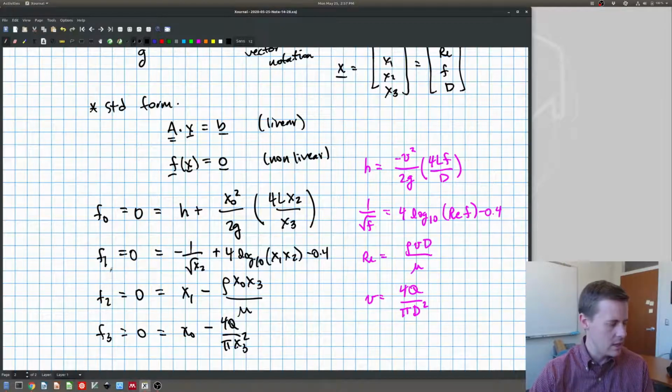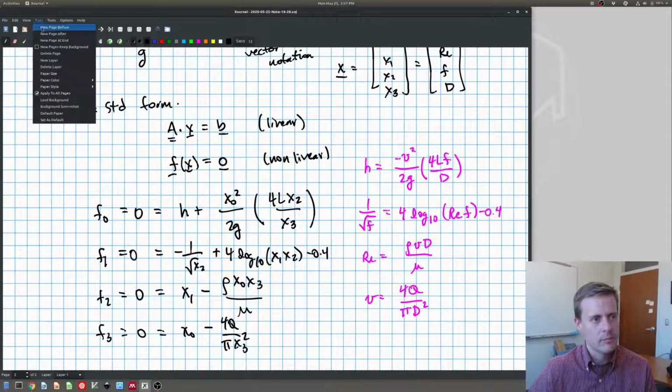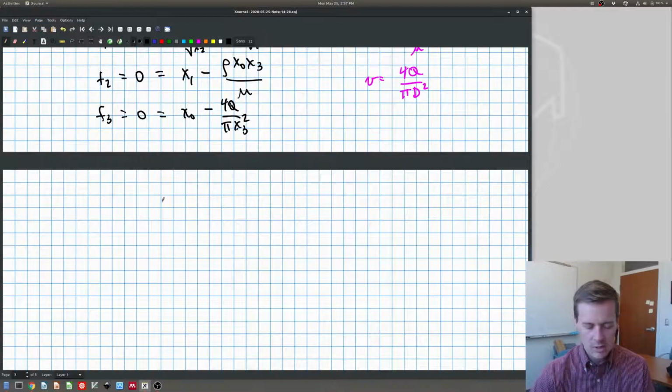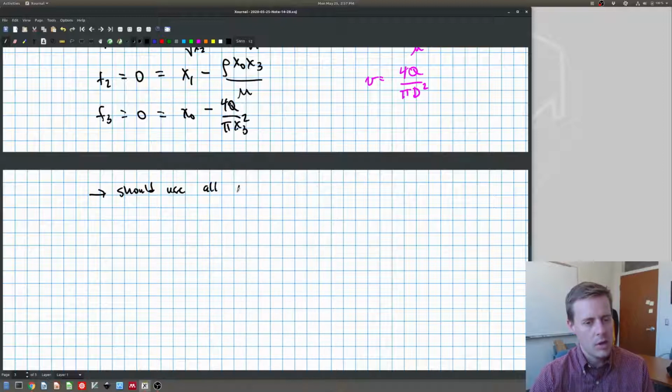So maybe make this comment down here. This should use all of x0, x1, x2, x3. It should use all of them, and only the knowns should be left.